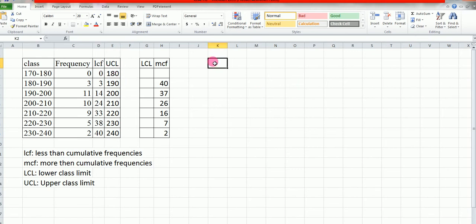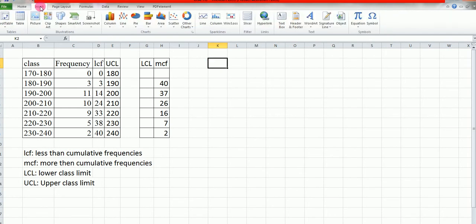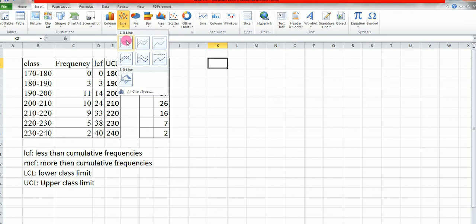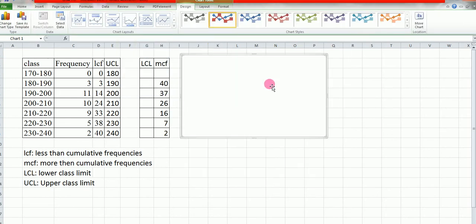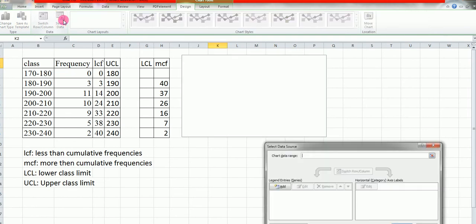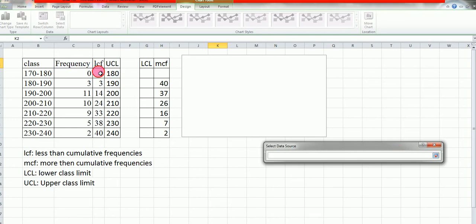Now to plot LCF curve, go to insert, select line chart, and go to select data. Here data range is the range of less than cumulative frequencies.